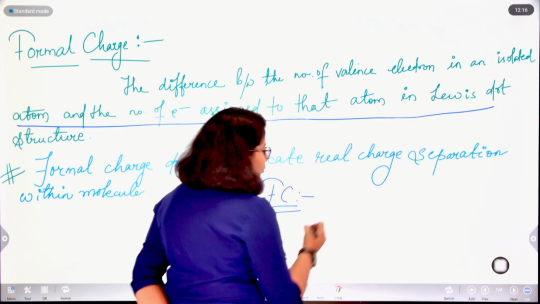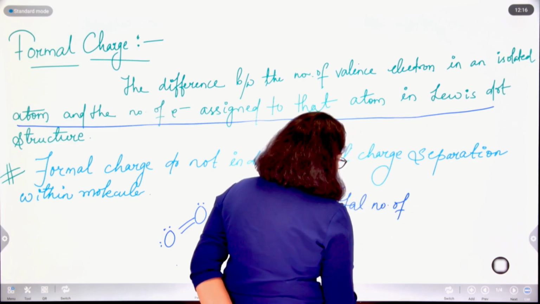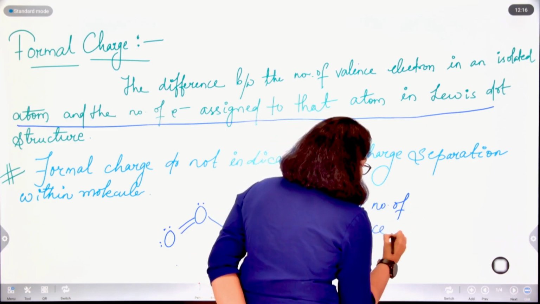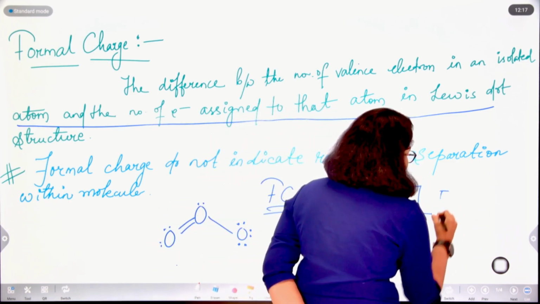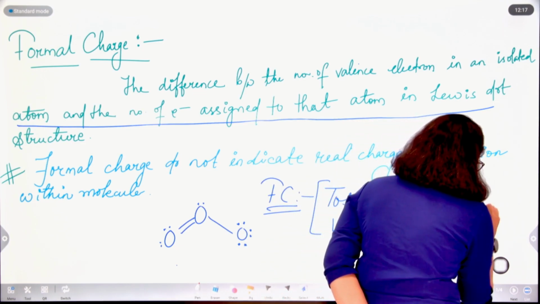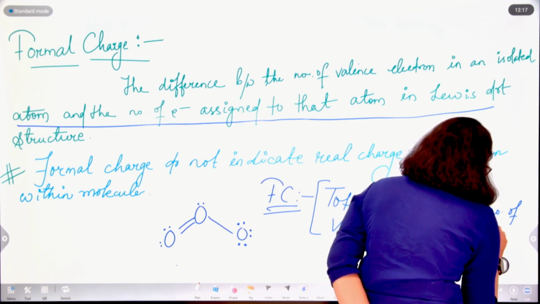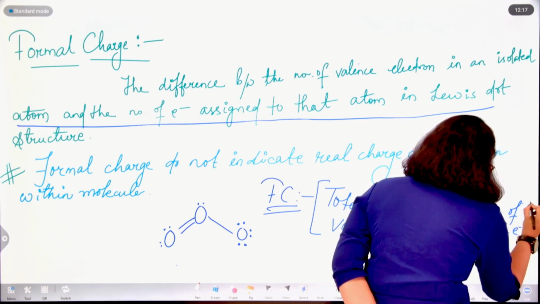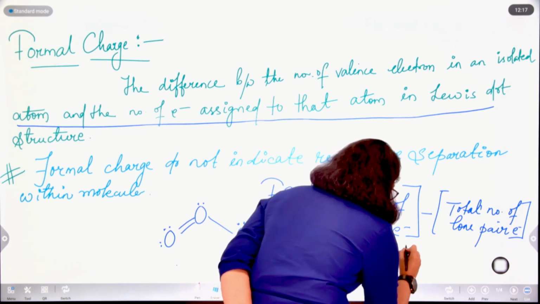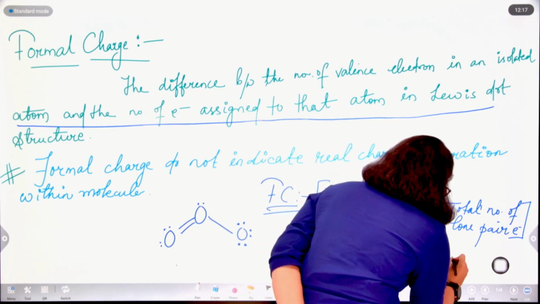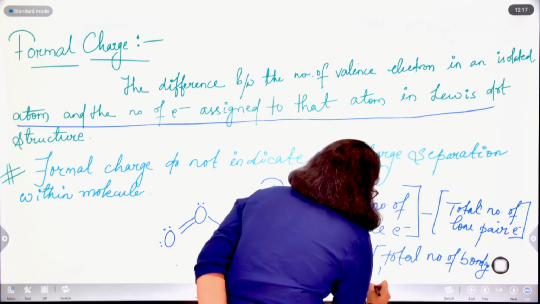So formal charge equals total number of valence electrons minus total number of lone pair electrons minus half of total number of bonding electrons or bond pair electrons.